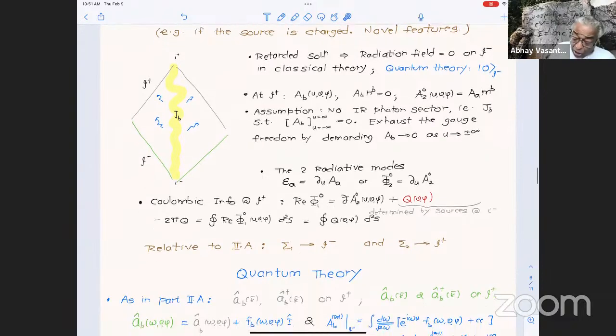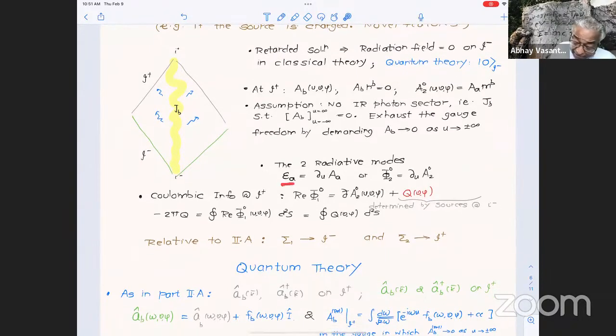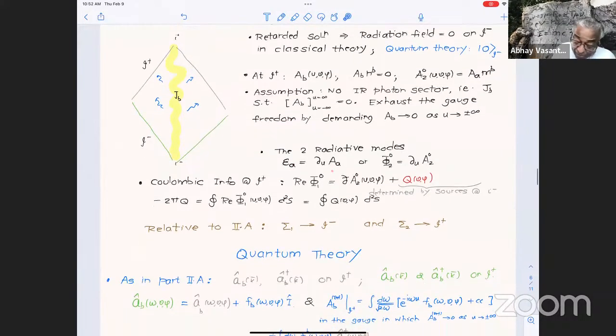Okay, so the two radiative modes are in this electric field, or in phi 2 naught, which are just given by the time derivative of this potential up here. And the Coulombic information is given, in the previous case without sources, just by A2 itself. But now we have an additional integration constant, right? Because we had this integration constant, which was equal to 0 if there are no sources. But if there are sources, then there is an integration constant up here.